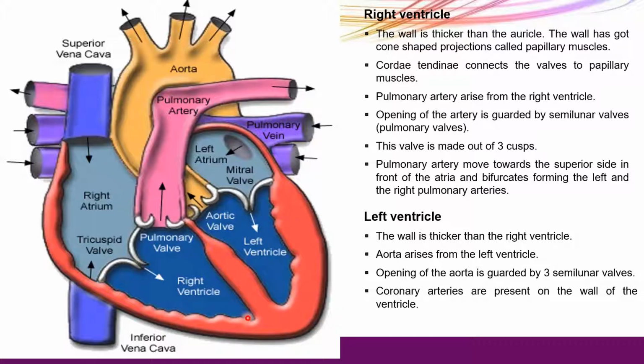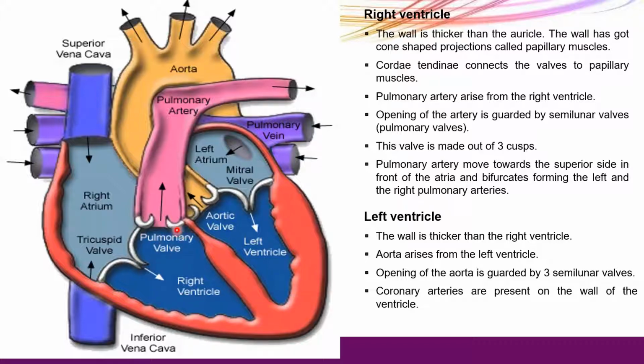You can also see the pulmonary artery arises from the right ventricle. So blood is pushed from the right ventricle into the pulmonary artery, and this opening of the artery is guarded by the semilunar valves.